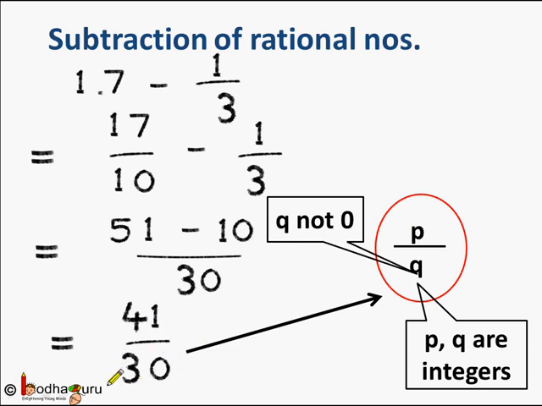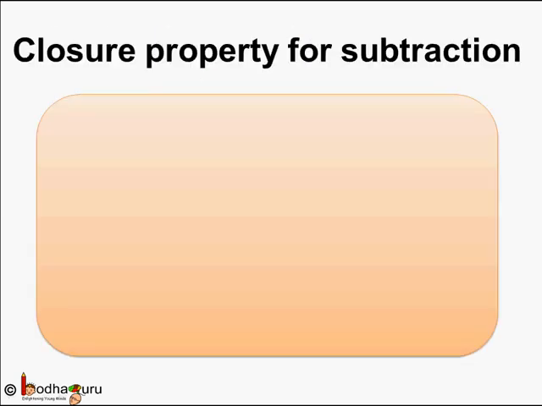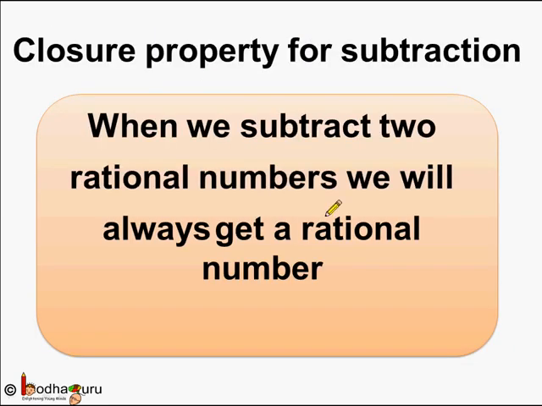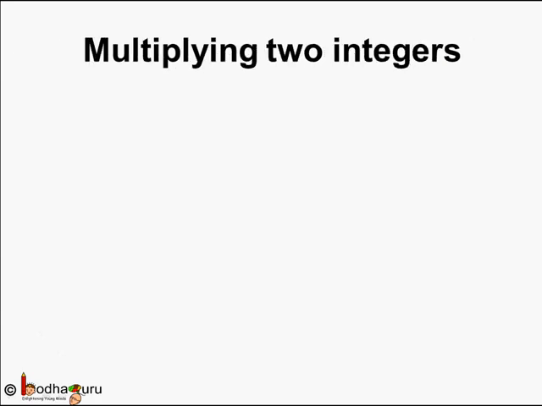Both p and q are integers, and q is, as we can see, not equal to 0. So what can we say? We say when we subtract two rational numbers, we will always get a rational number. This is the closure property for subtraction.